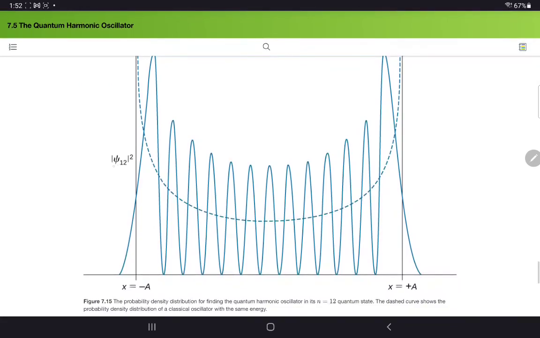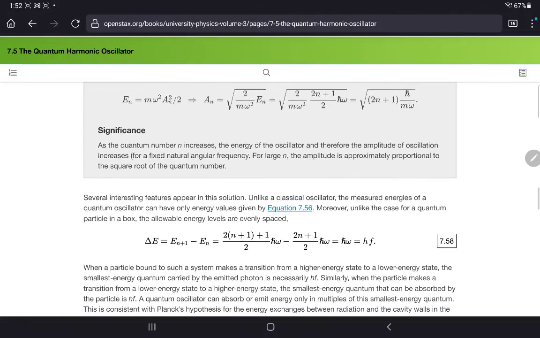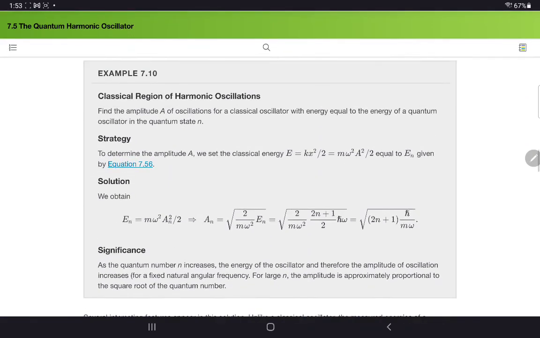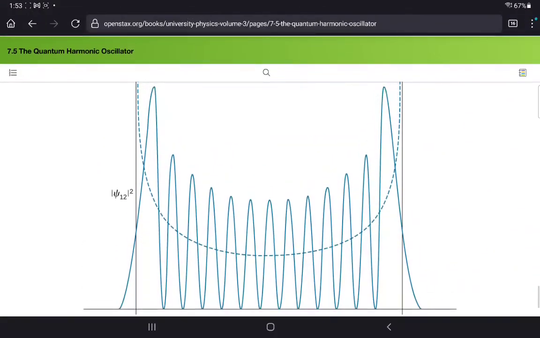But you notice that this is the square of the wave function, whereas the picture above is just plain old the wave function. So the wave function can have negative and positive values. But if you square it, this is more like what you think of when you think of probability, and that's why it was drawn.